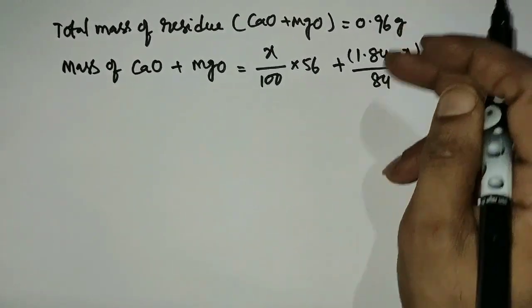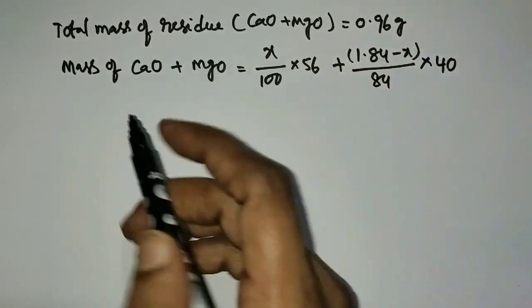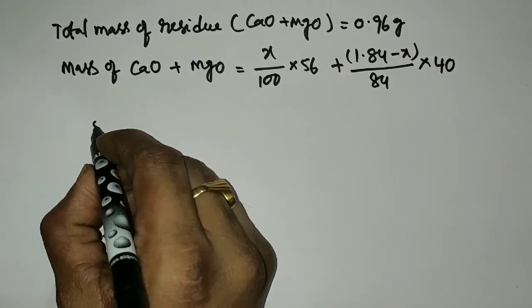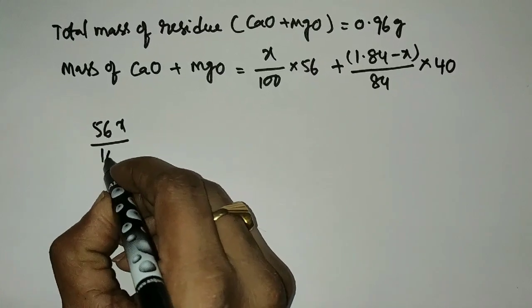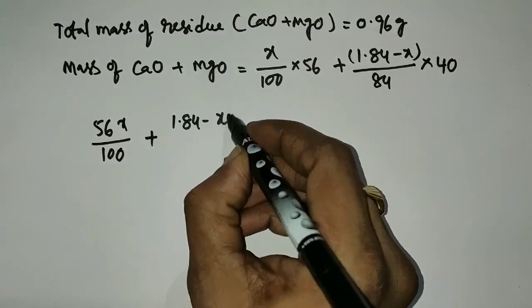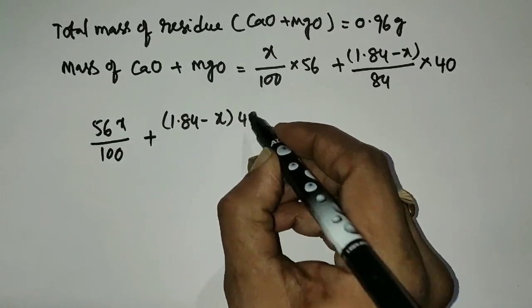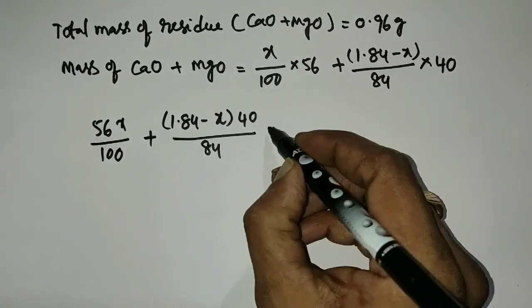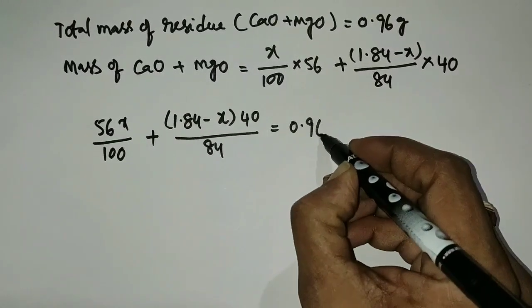So when you equalize them, 56x by 100 plus 1.84 minus x into 40 divided by 84 is equal to 0.96.